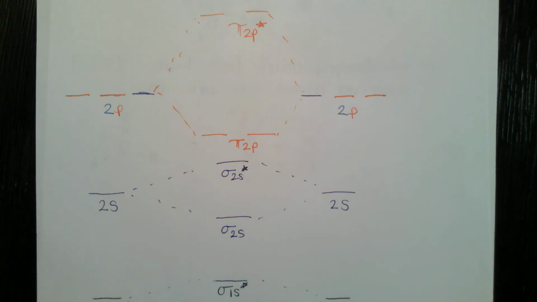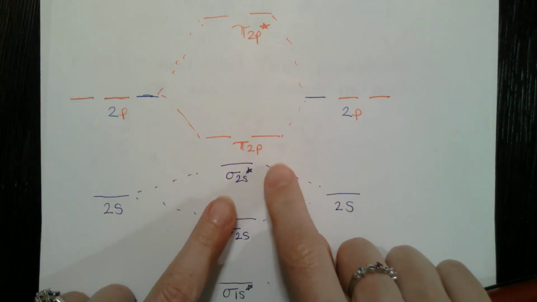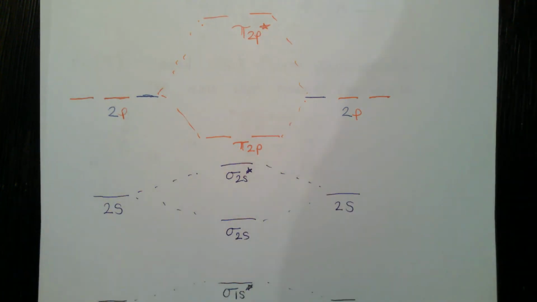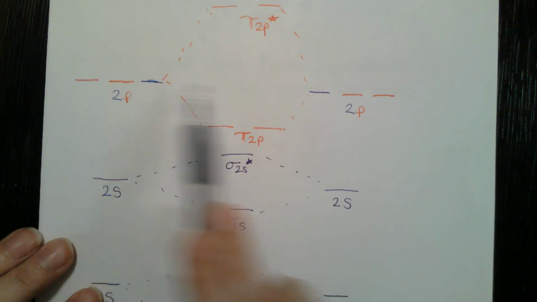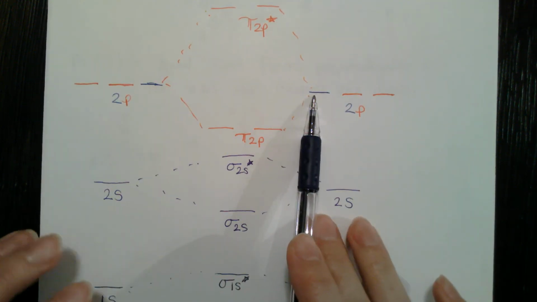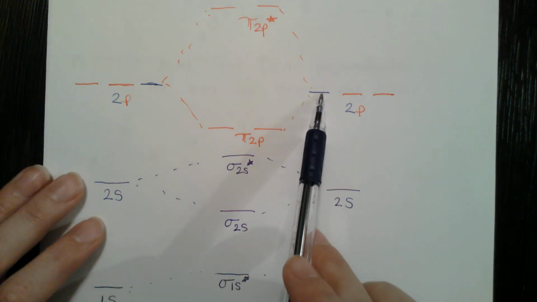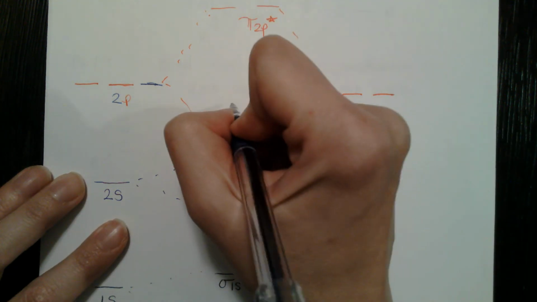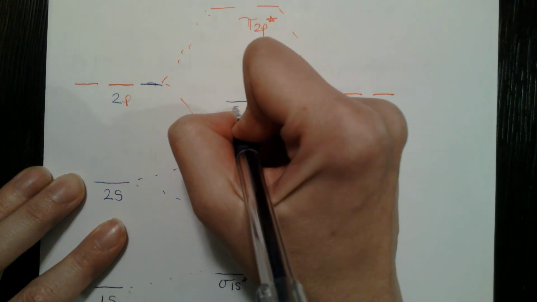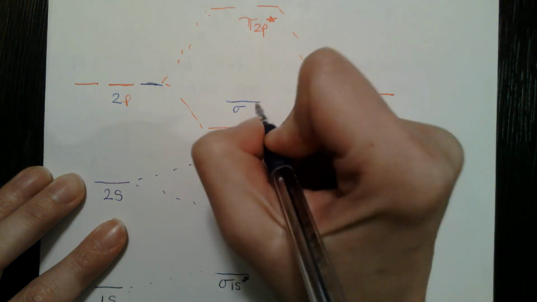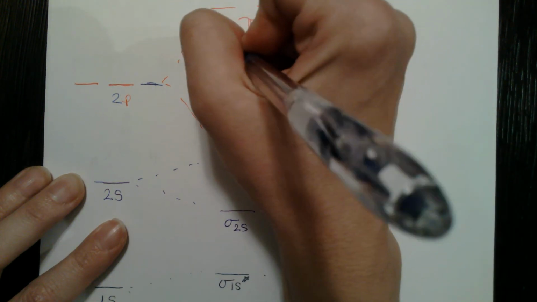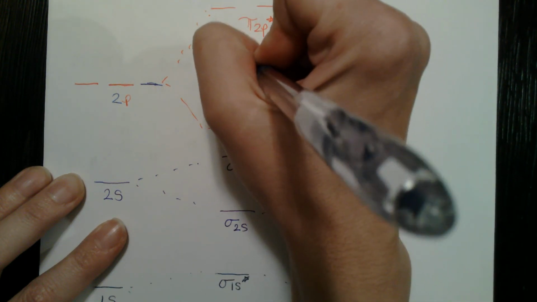From those atomic orbitals, we get the pi 2p and the pi star 2p. Then from the 2pz, that again is along the bonding axis, we get the sigma 2p, and we get the sigma star 2p.